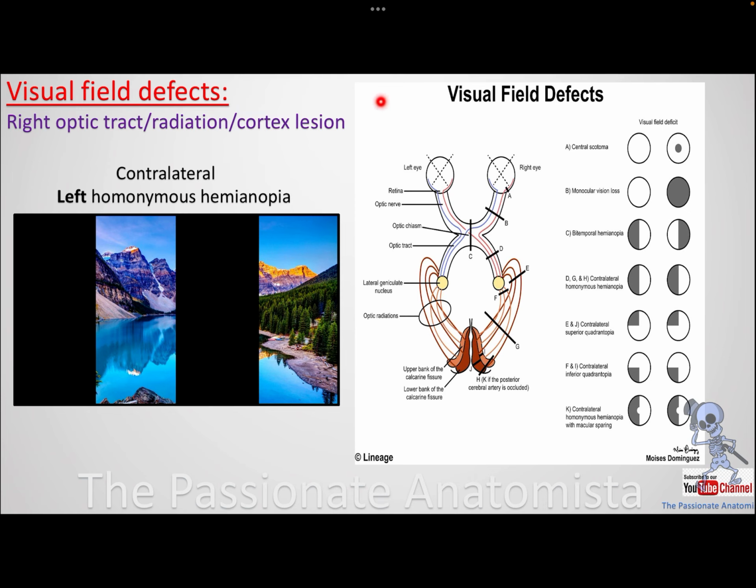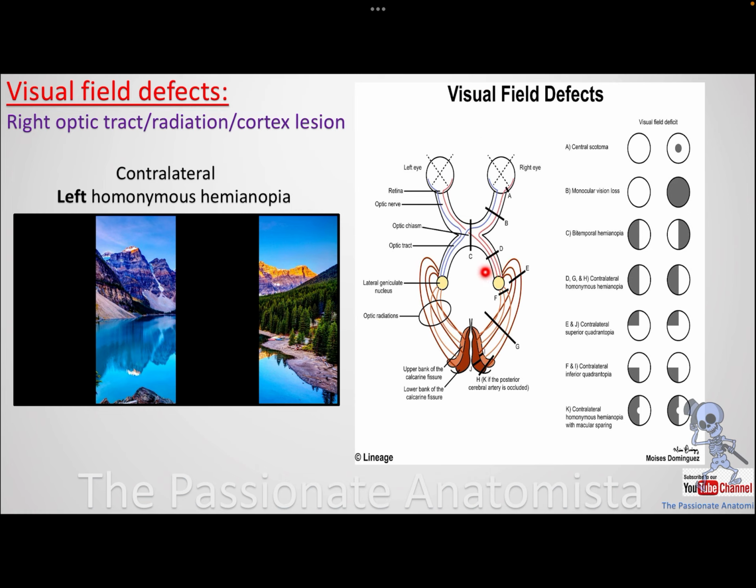What is the left of everything? Well, if you are in the left eye, your left thing is your temporal visual field. And if you are on the right eye, the left thing is going to be your nasal visual field.